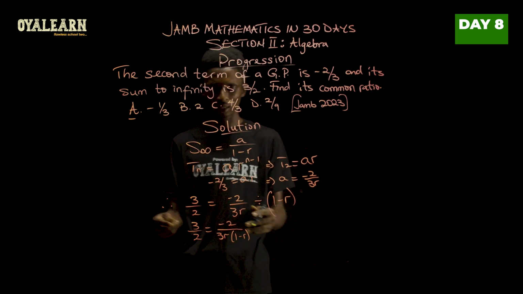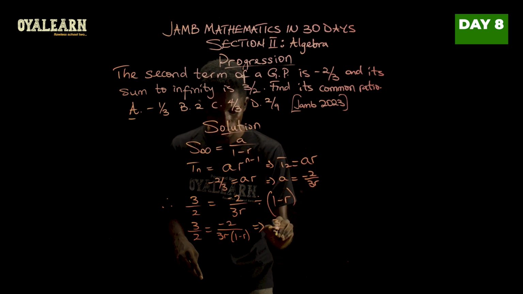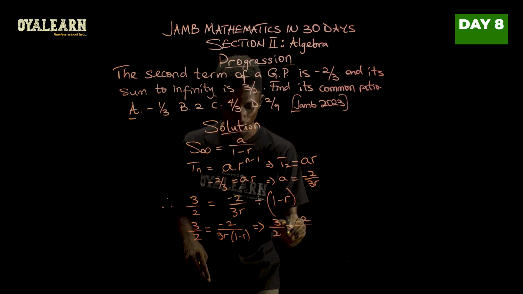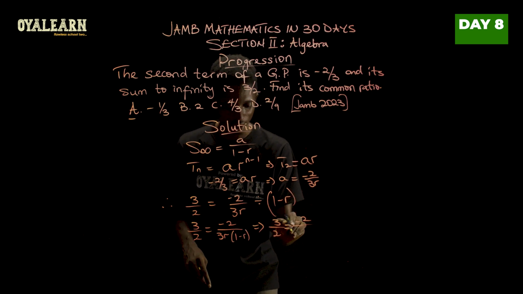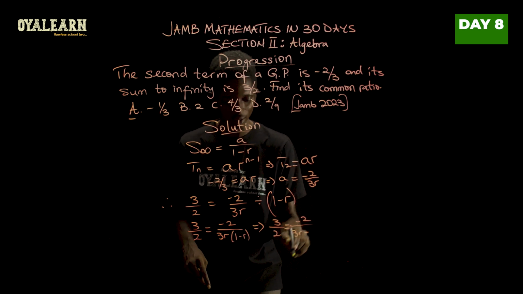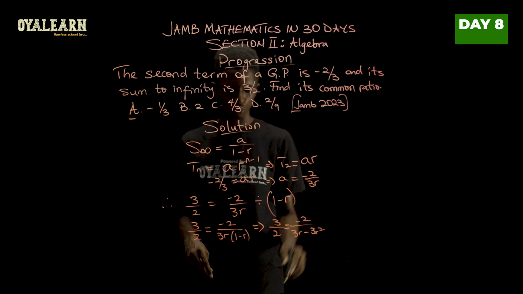Now let's work with this. So this implies that what we have here will be 3 over 2 equals minus 2 all over. Now 3r times this will give us 3r, then minus 3r times r will give us 3r squared.